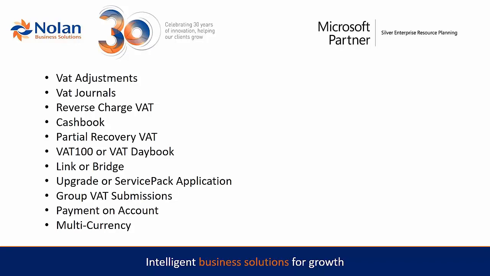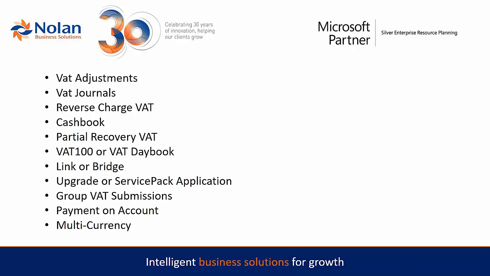Reverse charging, how you're coping with that. If you're using Cashbook, again, there's some questionality around that. Partial recovery and all these good things. These are all things you need to consider, because at the end of the day, that information needs to be finding its way into your VAT daybook report correctly to be able to be pushed up to HMRC.